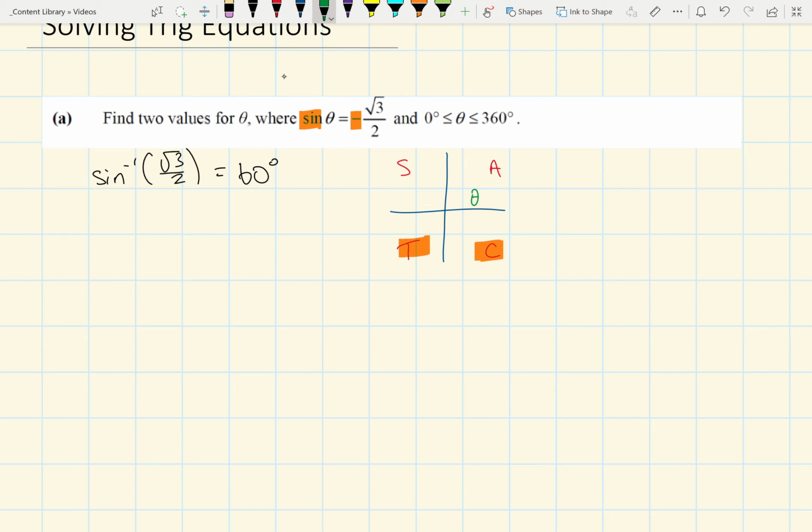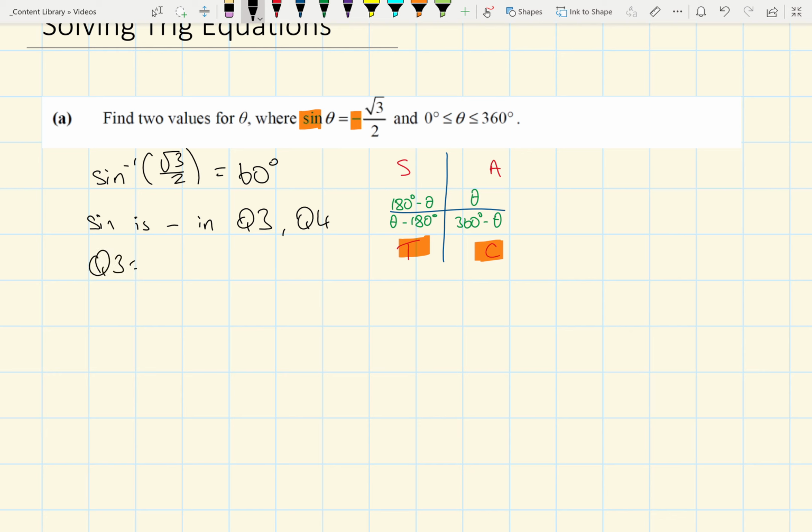So our reference angles, no harm marking these in. Okay, so sine is going to be negative in Q3 and Q4.